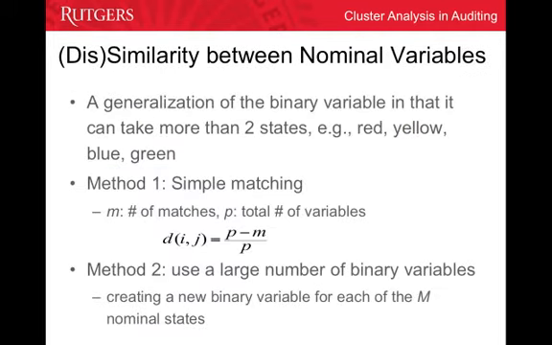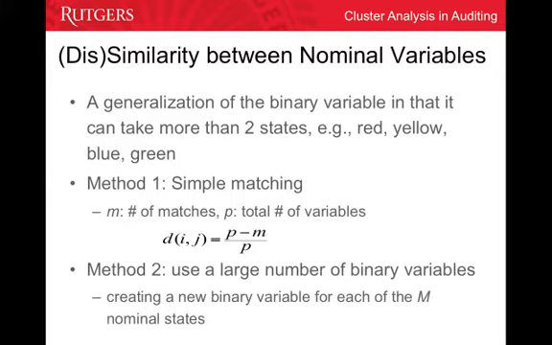Then let's take a look at the nominal variables. First, let's take a brief review of what nominal variables are. Nominal variables are a generalization of the binary variables in that they can take more than 2 states. It's not just 0 and 1, it could be 0, 1, 2, or red, yellow, blue, green. Usually there are 2 methods to calculate the similarity between nominal variables. The first one is called simple matching.